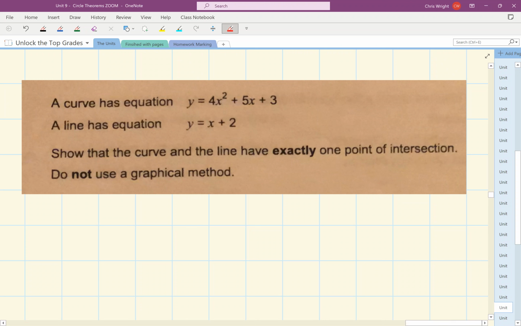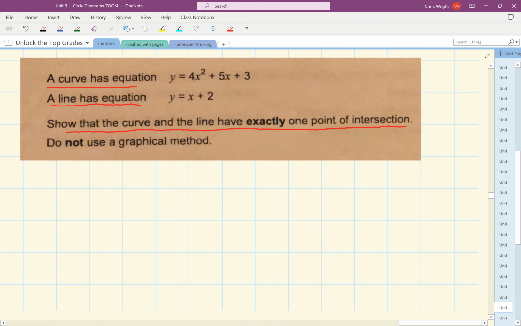Now in this question, we have got a curve and a line, and we're asked to show that the curve and the line have exactly one point of intersection. Do not use a graphical method. If this question was simply asking us to find the points of intersection of this curve and this line, I would take my equations and solve them simultaneously.